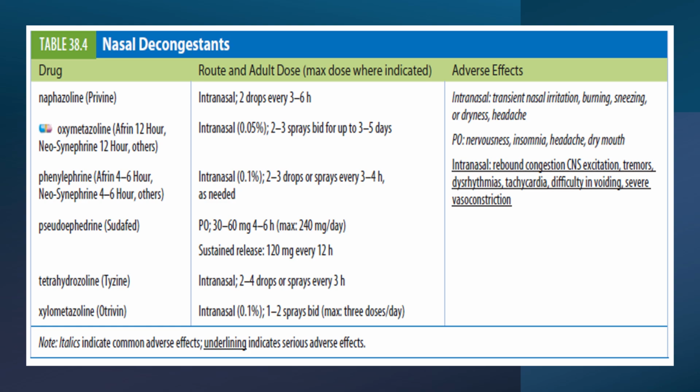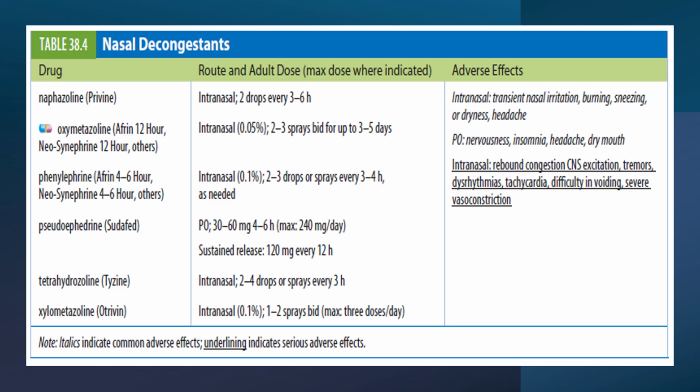The possibility of systemic adverse effects is also greater than with the oral drugs. Potential adverse effects include hypertension and central nervous system stimulation that may lead to insomnia and anxiety.